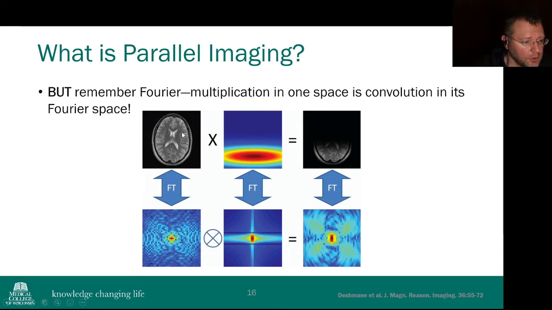Well, here we're talking about a pointwise multiplication in image space, which through the convolution theorem becomes a convolution of the Fourier transform of the image with the Fourier transform of that coil sensitivity map. So what we have here is just a convolution in K-space to get that coil image, and you can get a Fourier transform of that convolution and get that equivalent coil image over in image space.